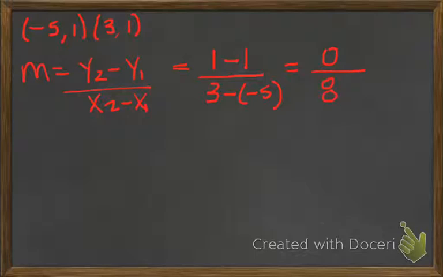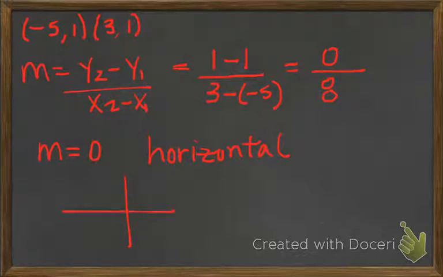As our top number is 0, it means the slope is 0. A slope of 0 is horizontal. You could graph this and check. We have the point -5, 1. We have the point 3, 1. It's going to look roughly something like that.